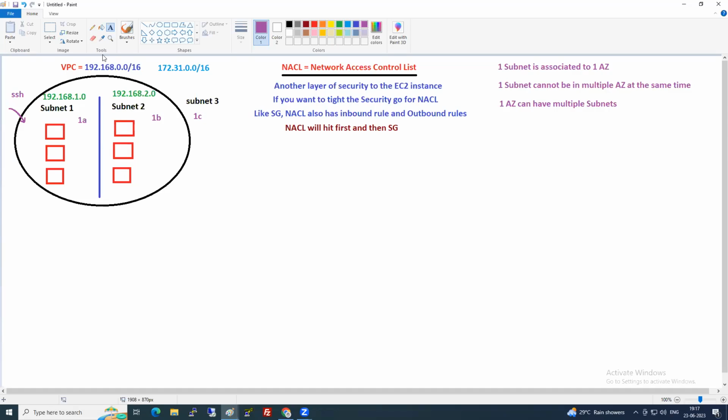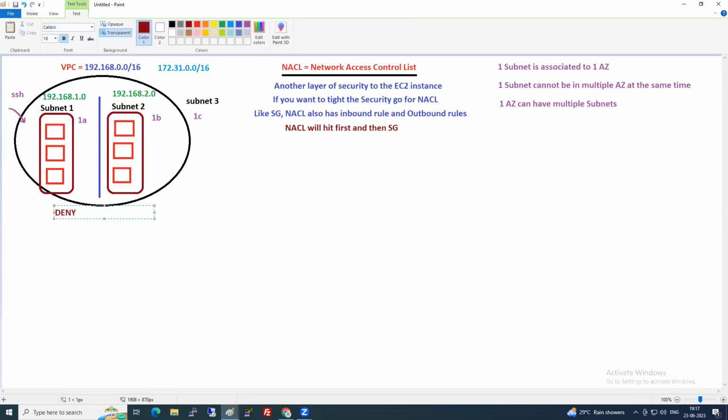Right? At this time only, NACLs will come. So NACL is for the whole subnet. NACLs also have inbound rules. And you know the powerful thing here, in NACLs, you can deny. In a security group, is it possible to deny? In NACL, specifically, you can deny.